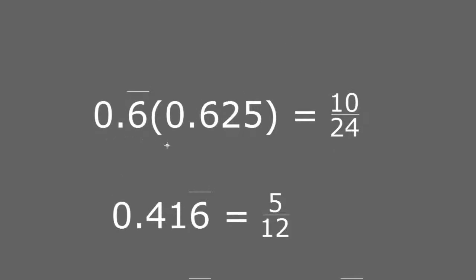0.6 recurring multiplied by 0.625 equals 0.416, and the 6 on this side is also recurring, so I have 0.41 and an infinite amount of 6's after the 1. And again, I simplify 10 over 24 and it becomes 5 over 12.